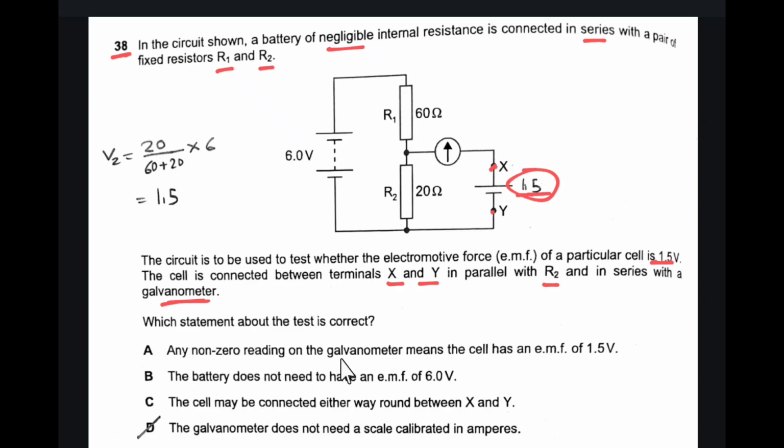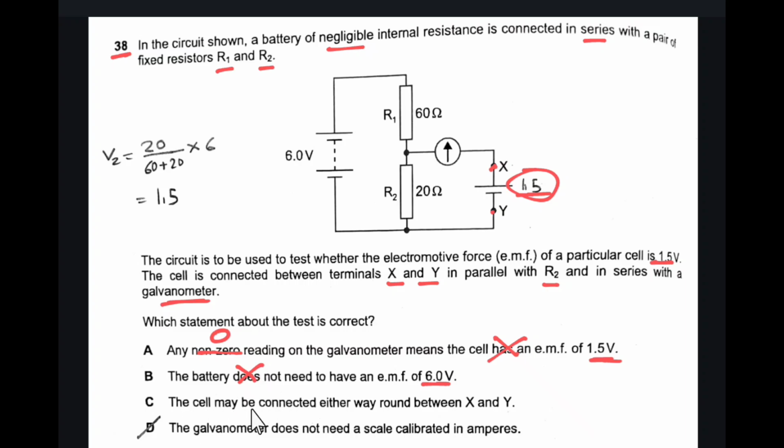Any non-zero reading on the galvanometer means that the cell has an EMF of 1.5 volt. This statement is wrong, because a zero reading means that it has an EMF of 1.5 volt, not non-zero. The battery does not need to have an EMF of 6 volt. This statement is also wrong.